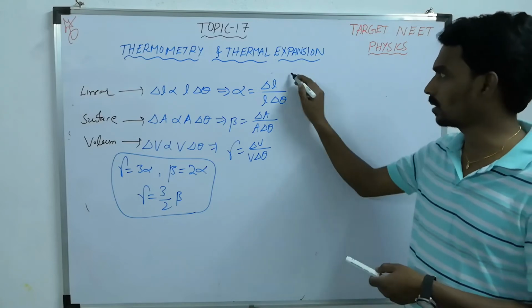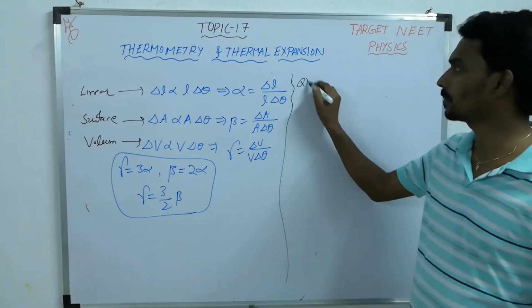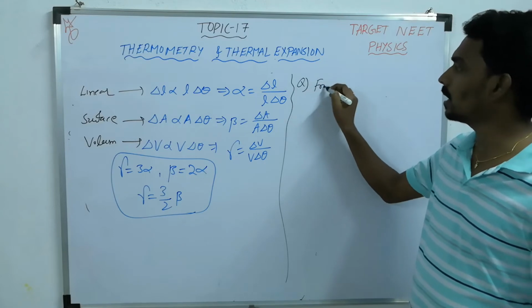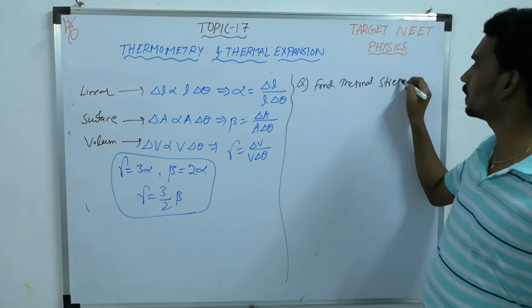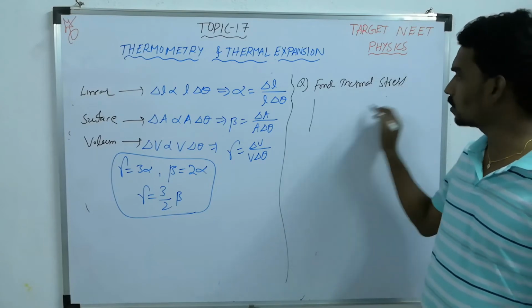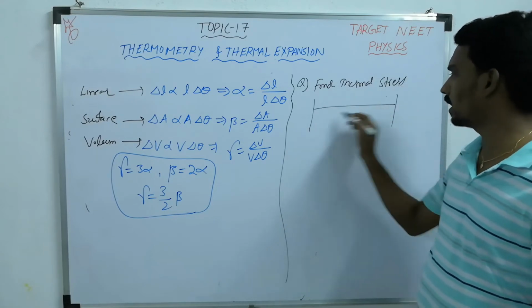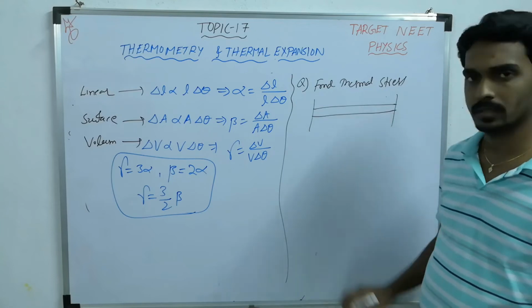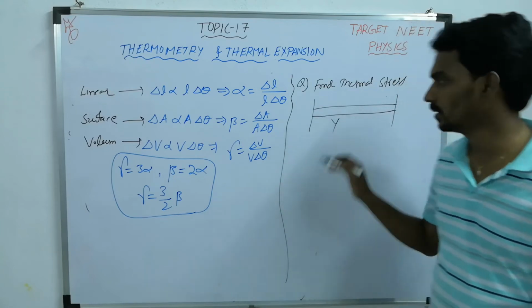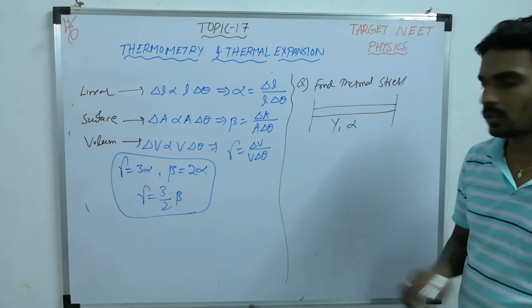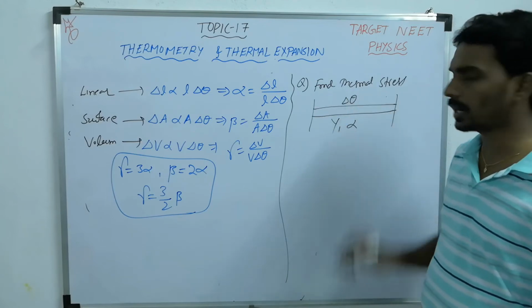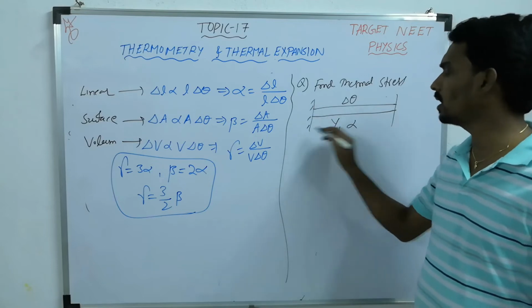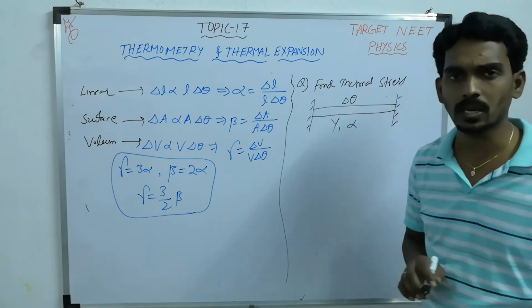Like one example, consider the case: find the thermal stress, they used to ask. The situation they will give is a rod with Young's modulus Y and thermal coefficient alpha. Now you increase the temperature by delta theta, but the rod is fixed between two rigid supports.